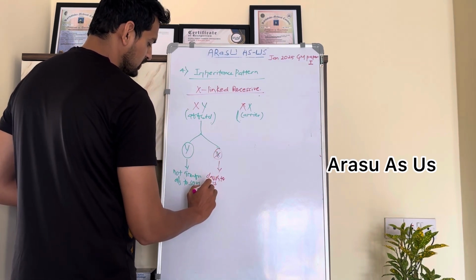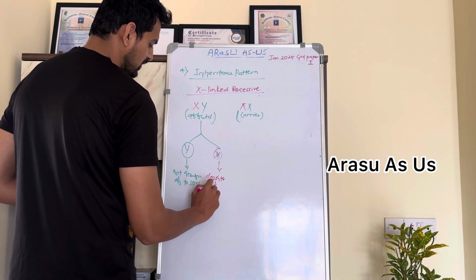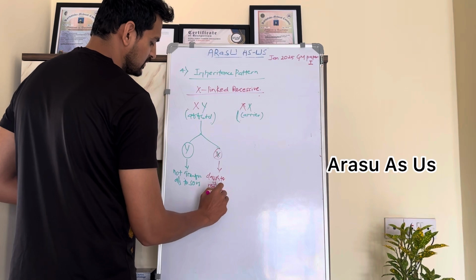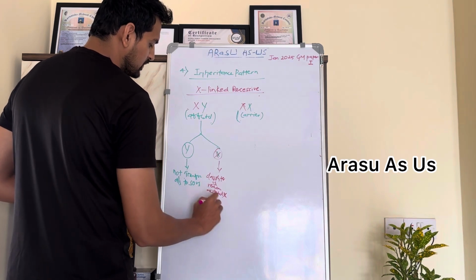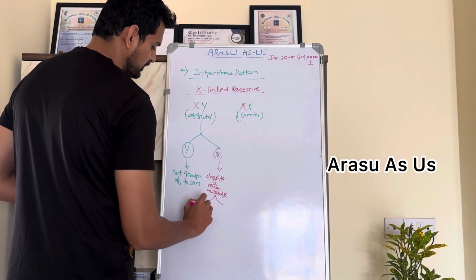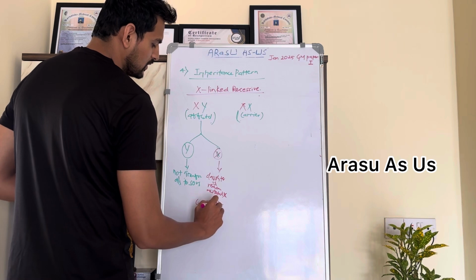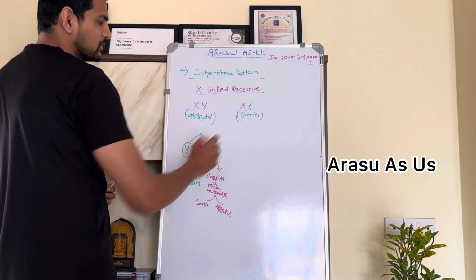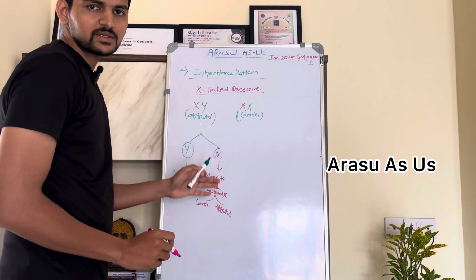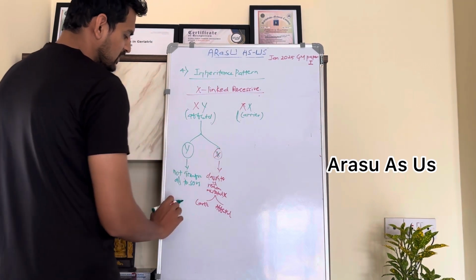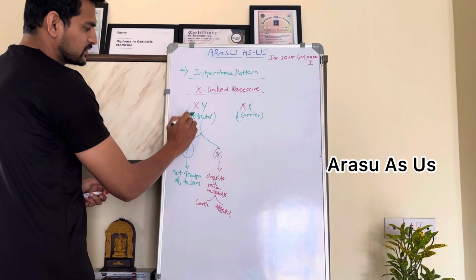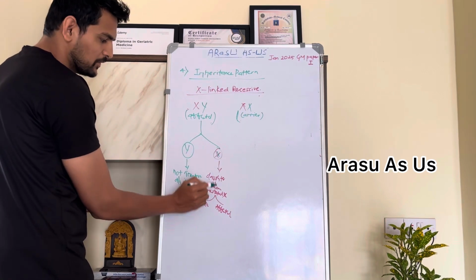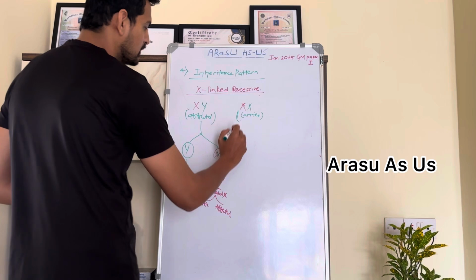Daughter is receiving the mutated X. That's why she can be a carrier or an individual with disease being affected. It depends on the X chromosome passed by the mother. So this is the transmission pattern. To summarize, fathers will transmit the disease to only daughters, never to the sons here.